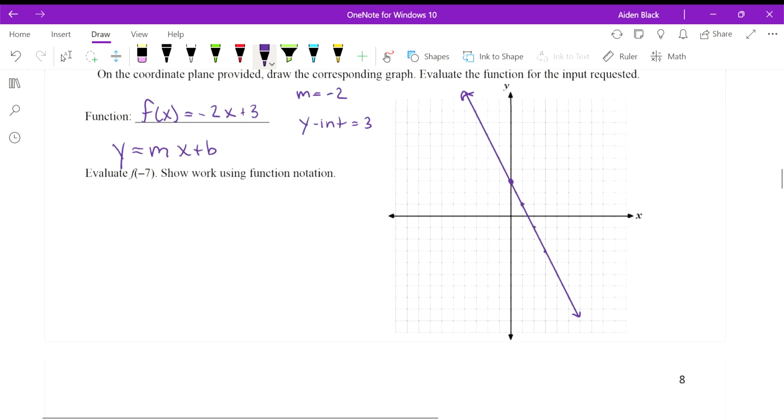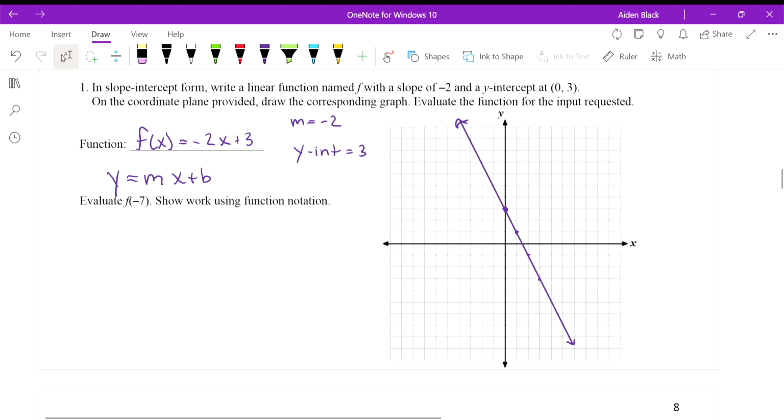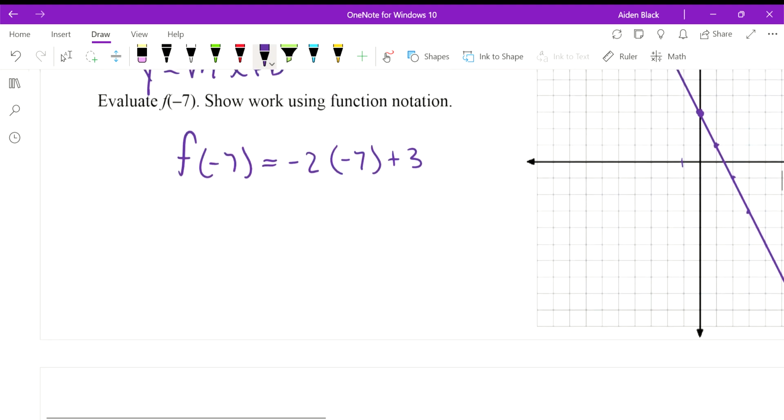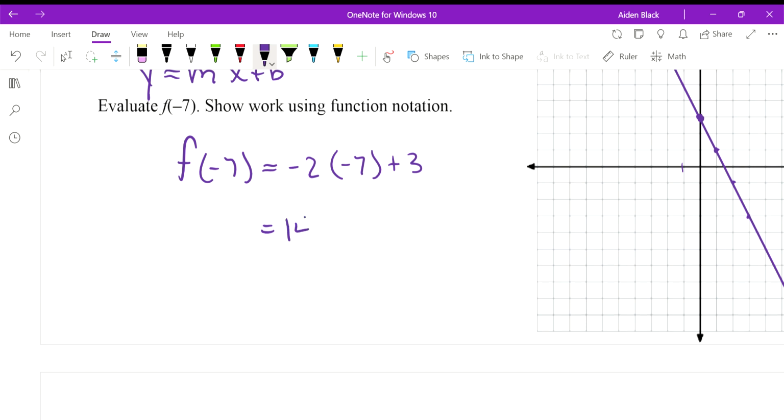And it asks here to evaluate f of -7. Now you could go to -1, -2, -3, -4, -5, -6, -7, and go all the way up until you intercept this graph, or you can just plug in -7 for this function here. So f of -7 is equal to -2 times -7 plus 3. -2 times -7 is 14.